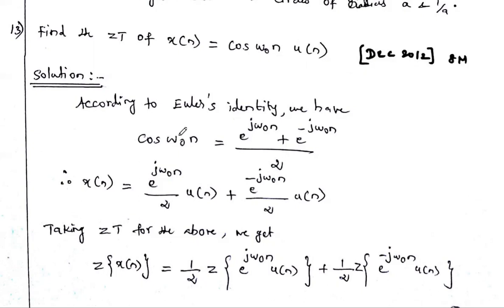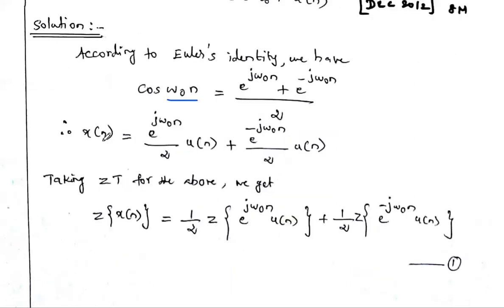So in the place of theta, omega naught n is there. That's why cos omega naught n can be written as e power j omega naught n plus e power minus j omega naught n divided by 2. Okay, so you can apply this cos omega naught n formula in this x of n equation.